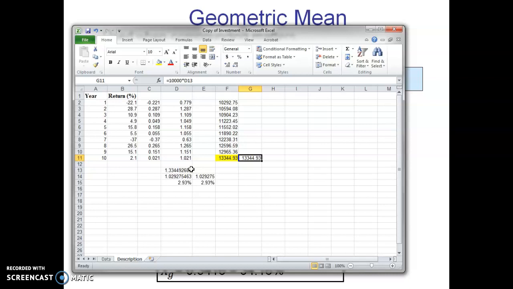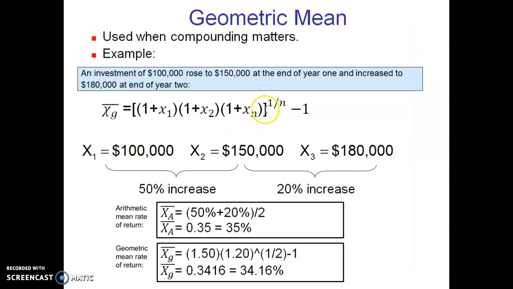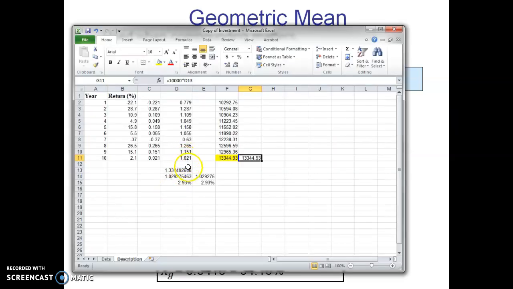Okay? But if all we really want is the average annual growth rate, then we would continue on and take that multiplier to the exponent of 1 over n and then subtract 1. And that's what we did here. We got that multiplier, but then we took it to 1 over 10 and then subtracted 1. That gave us the average annual growth rate, the geometric growth rate.